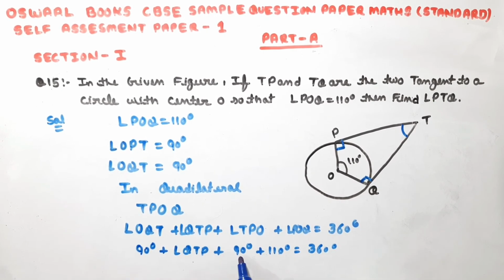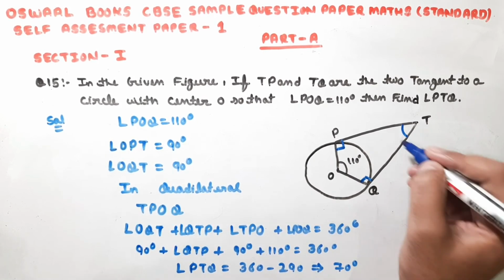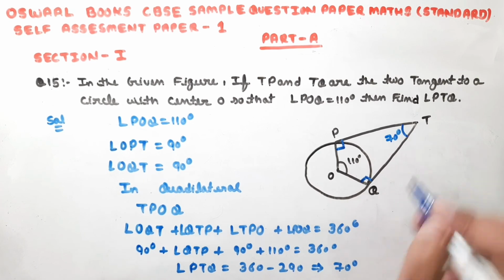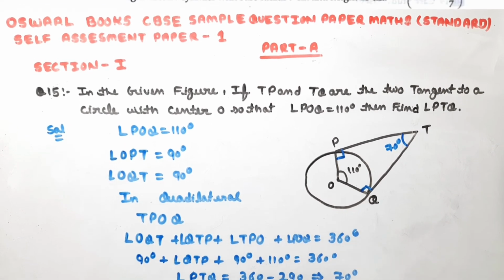So 90 plus 90 is 180, and 180 and 110 will be 290. So angle QTP or PTQ will be equal to 360 minus 290, that is equal to 70 degrees. So this angle will be 70 degrees. This is our answer.